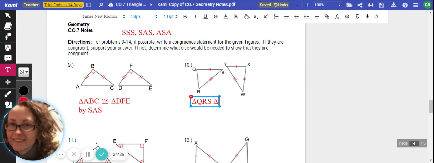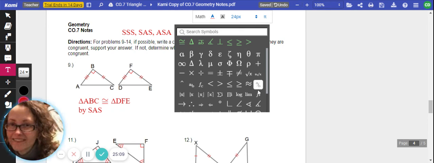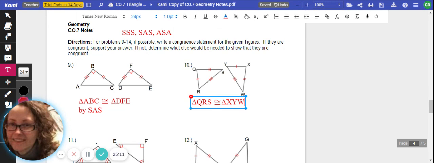Q is right in between the one and the two tick marks, so I need to go to the X first. Then came R, which was between the one tick mark and the three, so that's my Y. And then between the two and the three tick marks is my S, so that would be my W here. And then I need to say that they are, in fact, congruent. And the support would be by side, side, side.